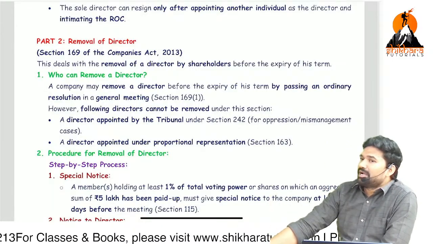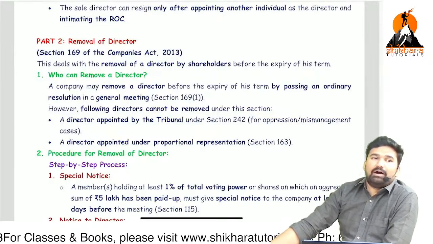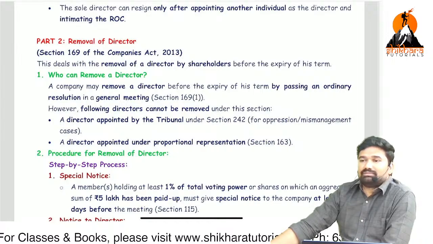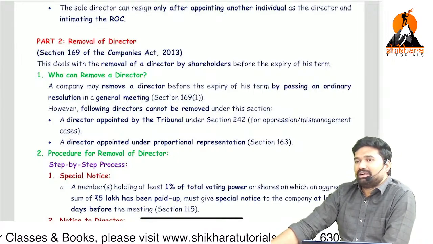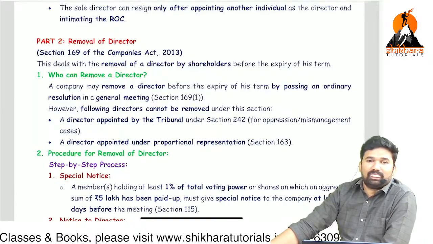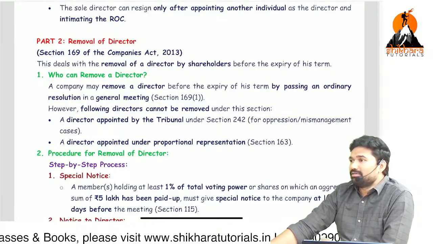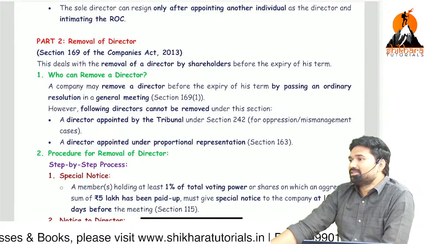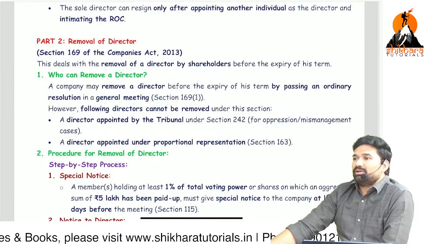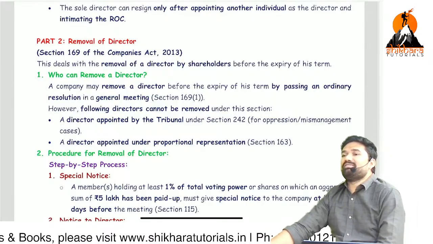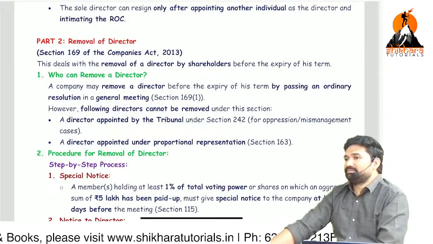So, for appointment or removal, which resolution is required? Simply an ordinary resolution. At the end of the day, who are the owners of the company? Members, shareholders are the owners. To whom does the company belong? Shareholders. That is why ownership belongs to shareholders, and that is why they have each and every decision to appoint you or remove you. It is as simple as that.